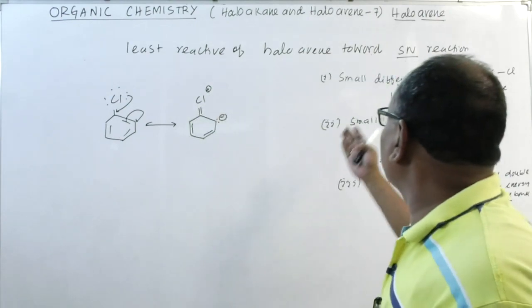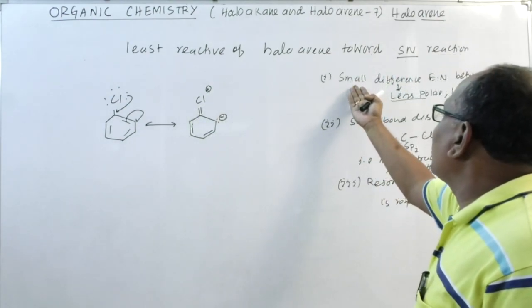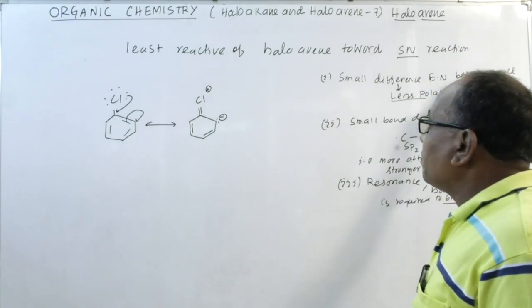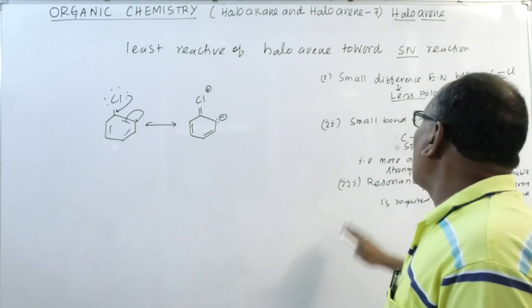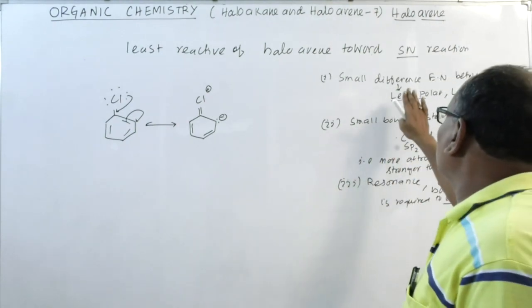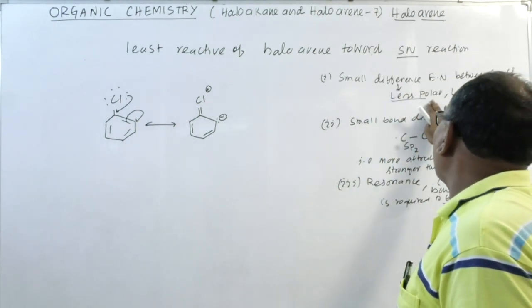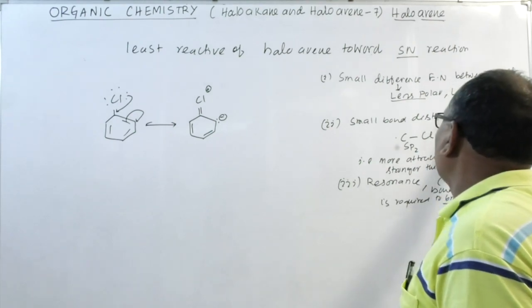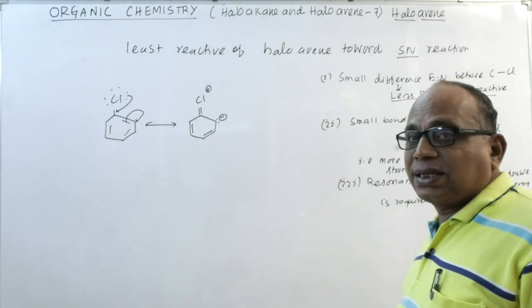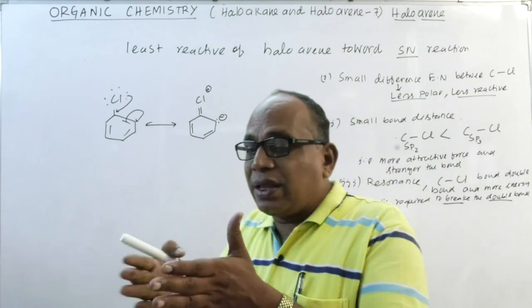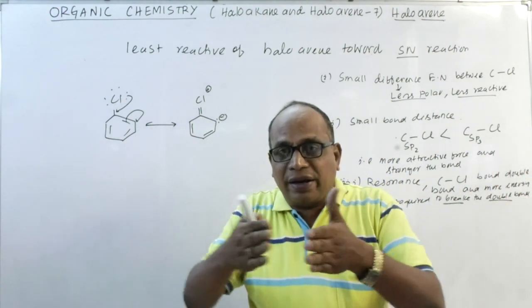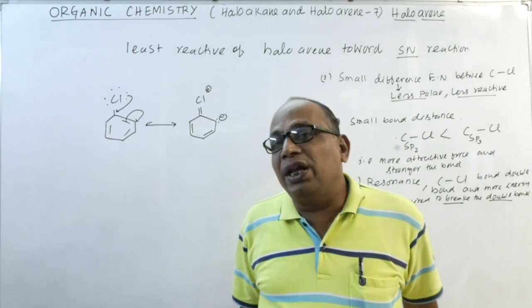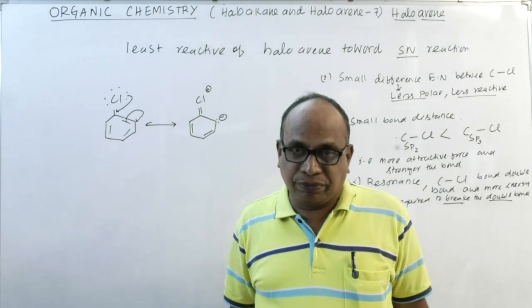We have to describe these three reasons. First, small difference in electronegativity, because the halogen atom bonded to a carbon atom in the benzene ring is sp2 hybridized. So a small difference means less polar, less reactive. Next, small bond distance: the bond strength depends upon the bond distance. If the two atoms are far apart, it is more reactive.